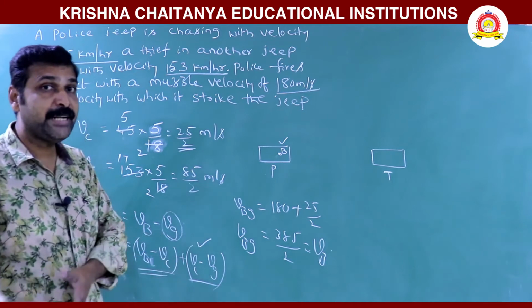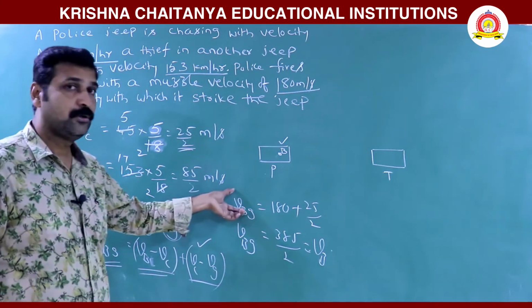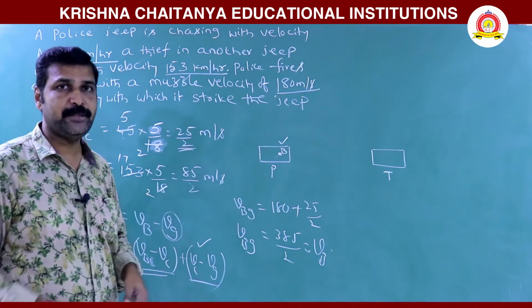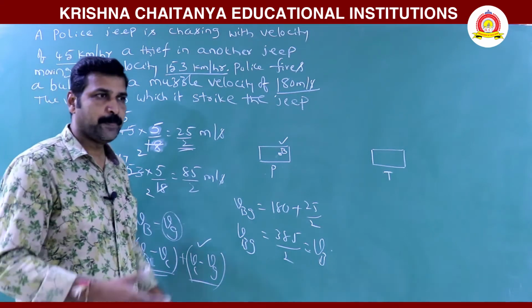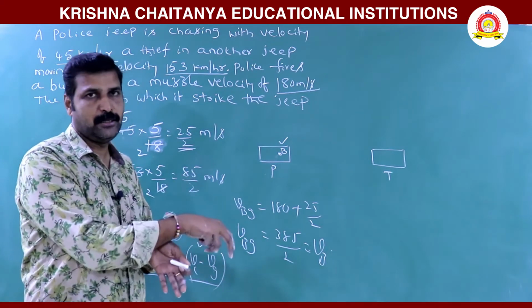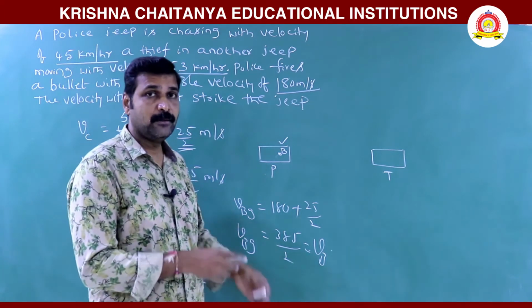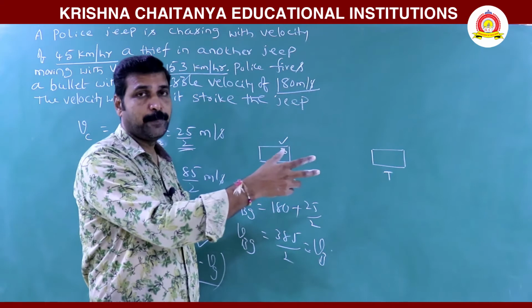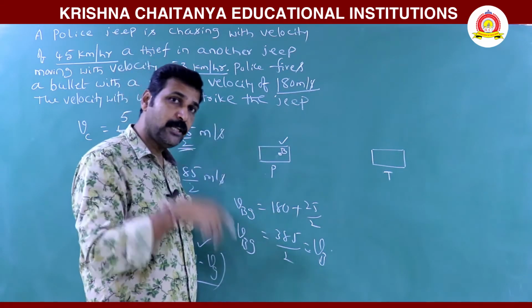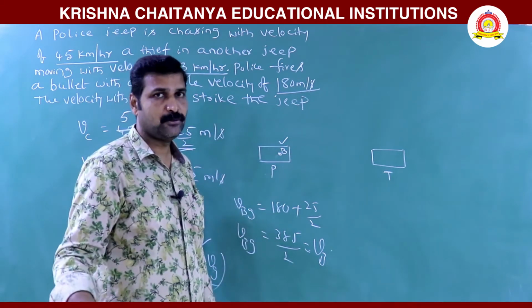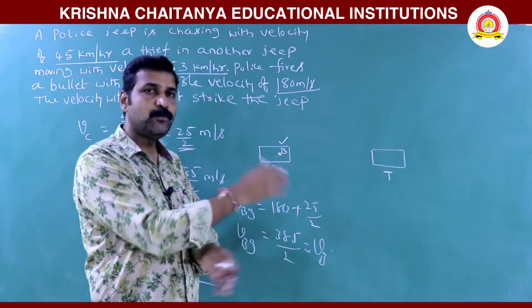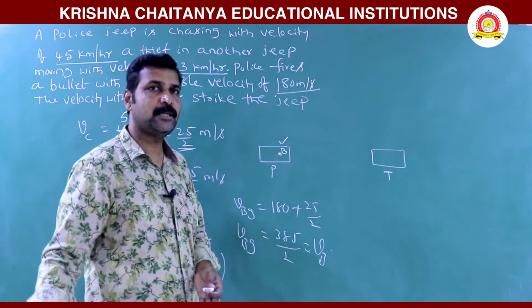But for the person standing on the ground, the bullet already has some velocity. Even though the bullet is at rest in the gun, when the police jeep is moving, the gun is also moving with respect to the person on the ground, since it is in the police jeep. So the bullet is also moving with respect to the person on the ground.